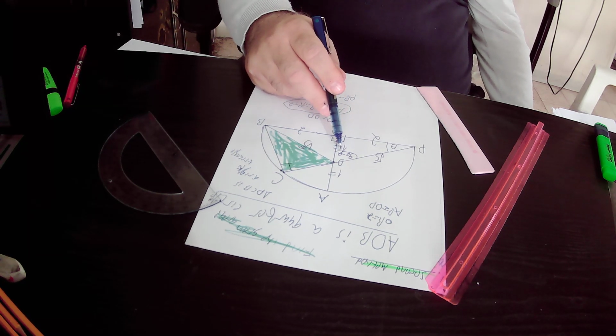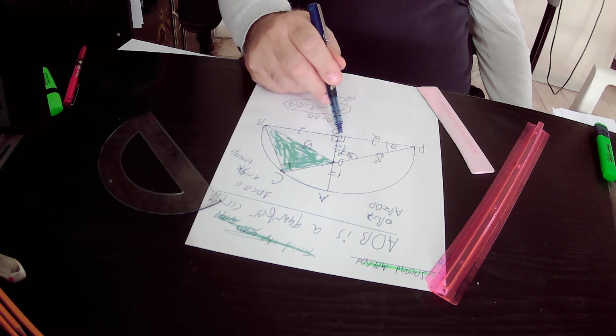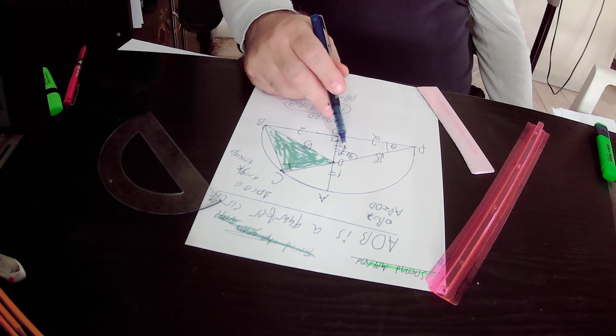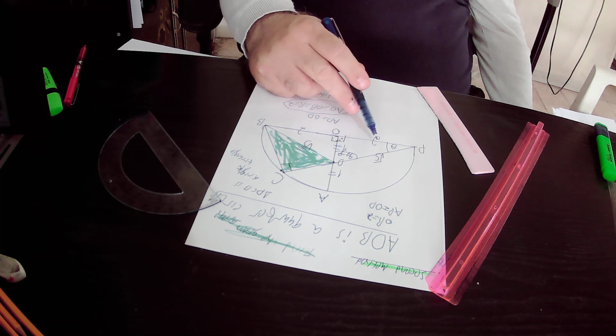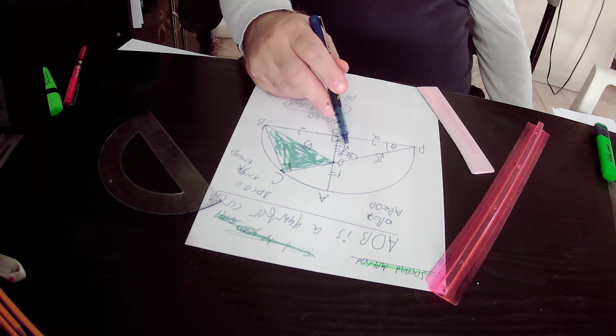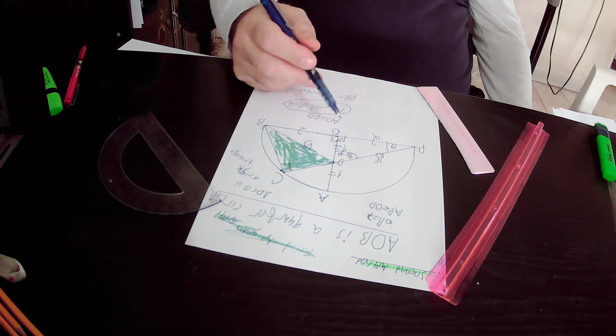Why? Because 90 degrees minus theta, plus theta, is 90 degrees, and 90 degrees plus 90 degrees is 180 degrees.